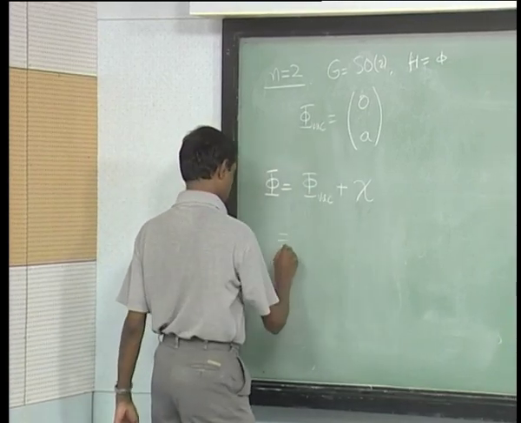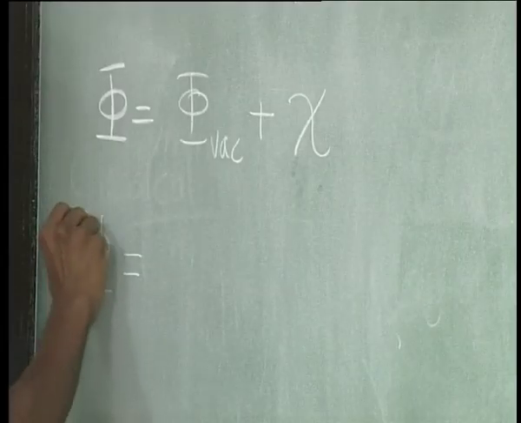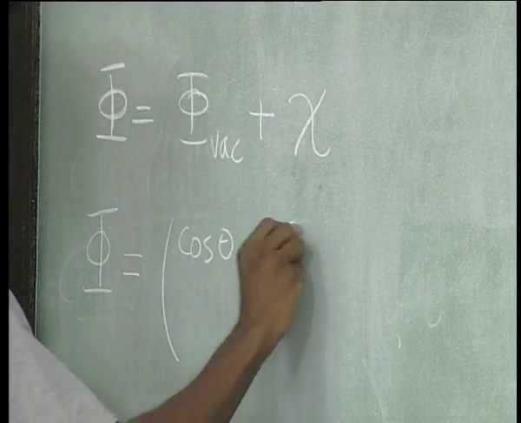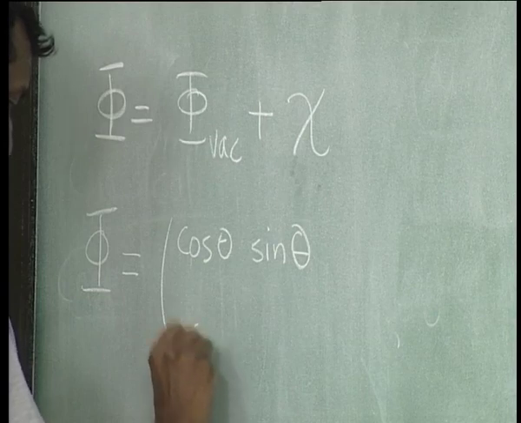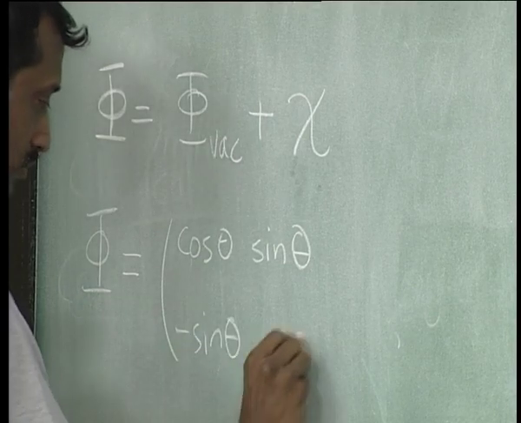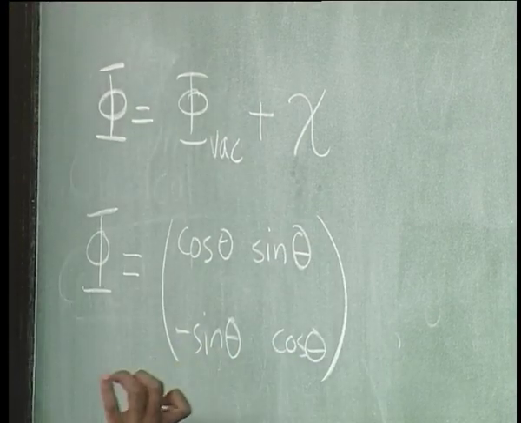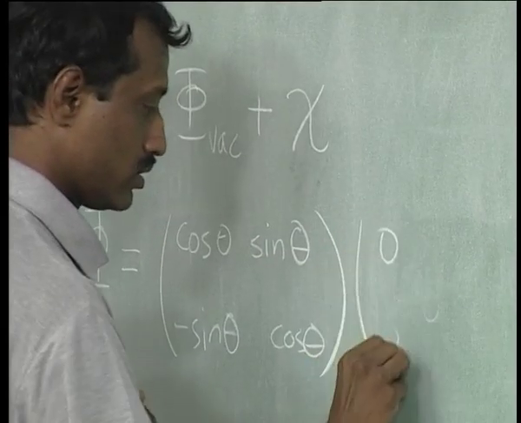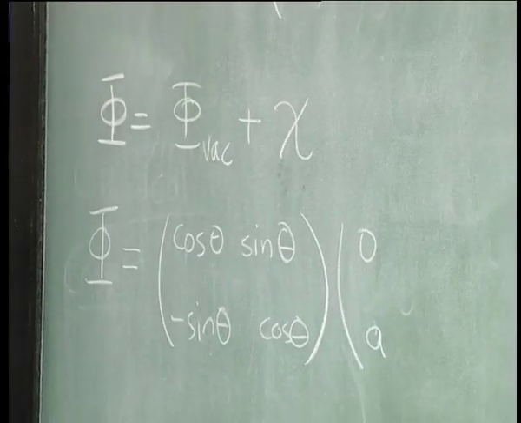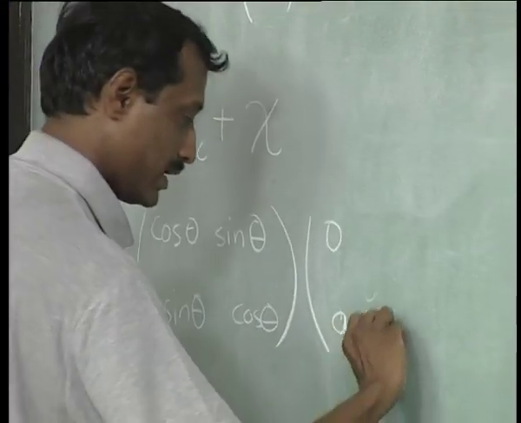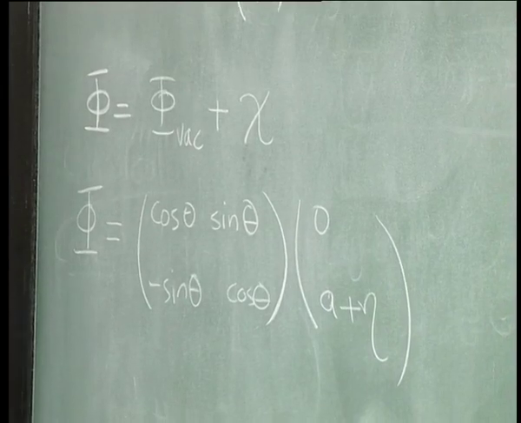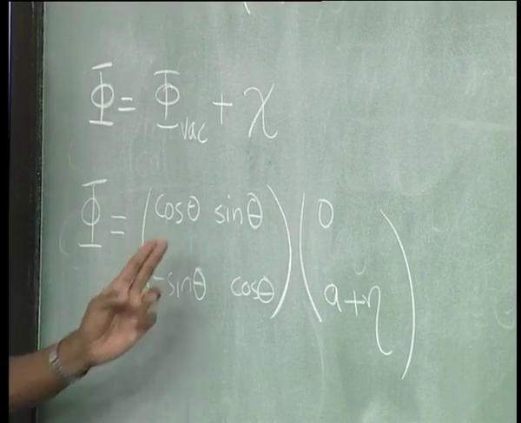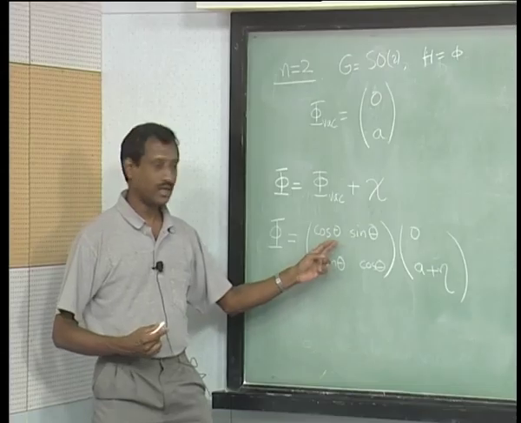I will write this as phi for our example. So, this is the SO(2) transformation which is broken, which acts on A, plus I will write an eta. What I have done is I trade the field phi for two fields, one is an angle field theta and the other is this eta.